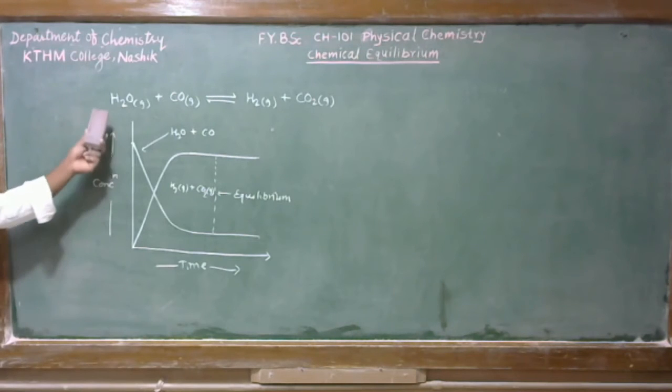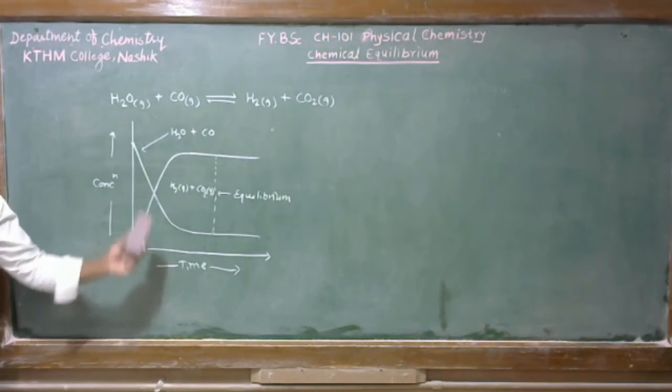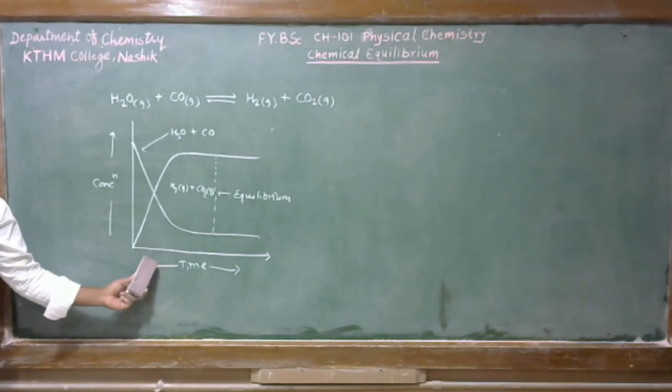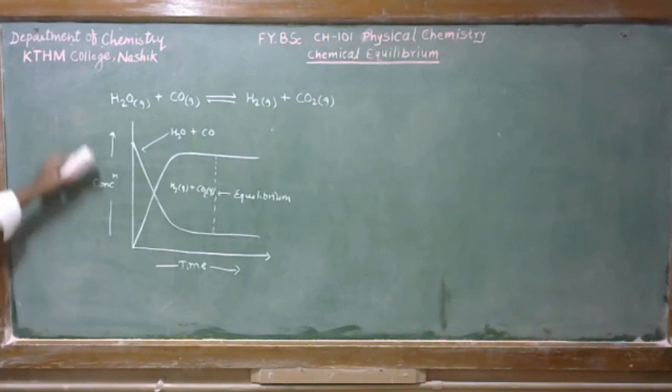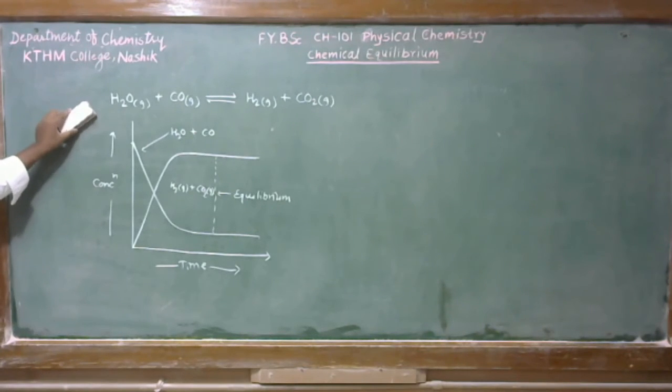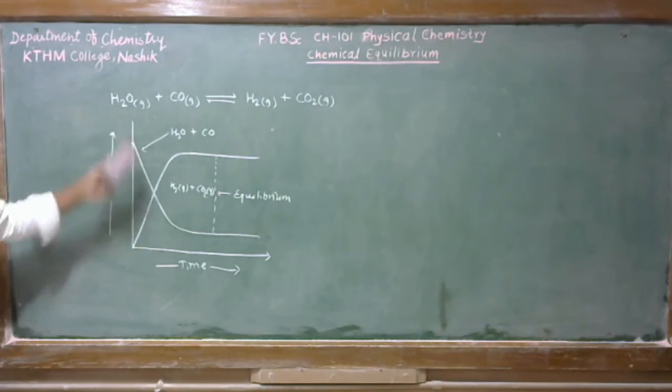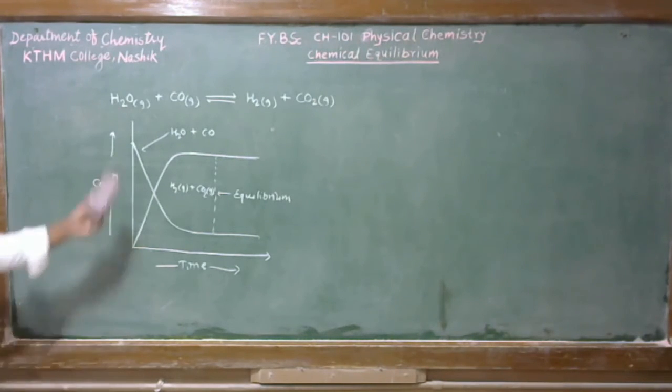So this is another example of chemical equilibrium. I hope you got these two examples related to chemical equilibrium, that is the dimerization of NO2, the nitrogen dioxide, and H2O and CO.